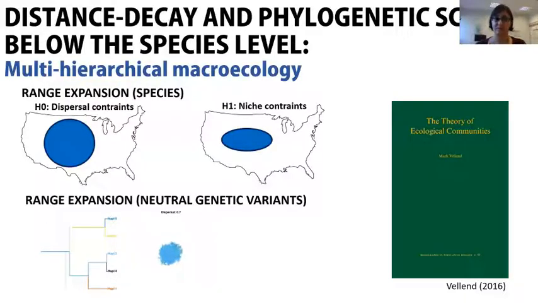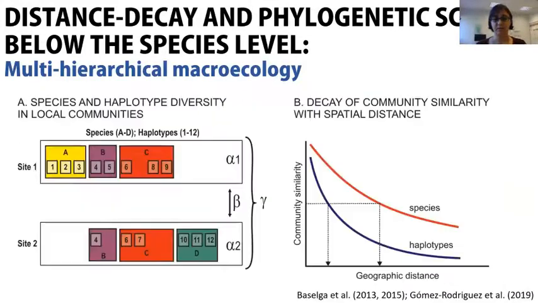You can test whether haplotypes are behaving neutrally or not, and if they are, and we have tested this in our cases, they would just be expanding. So we can compare the patterns that we observe at the haplotype level, which would be driven only by dispersal processes, with the ones that we observe at the species level, which are potentially driven by dispersal processes or niche processes.